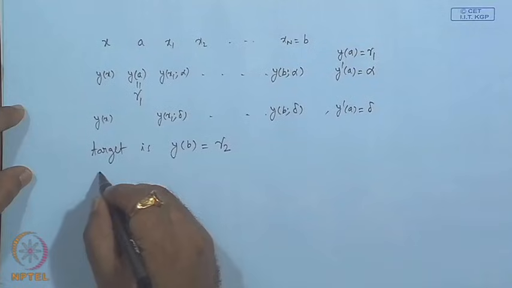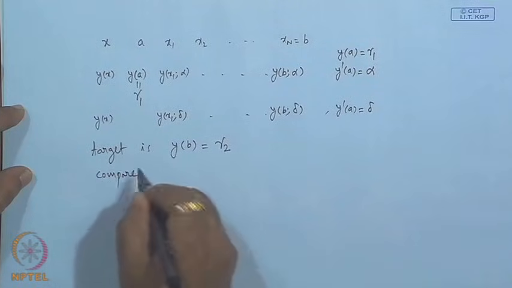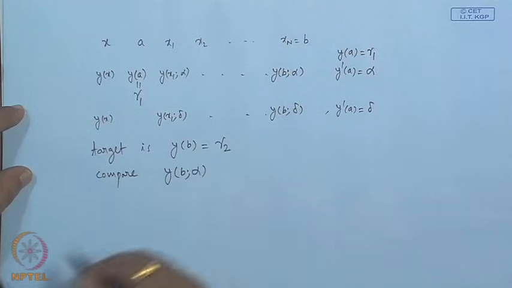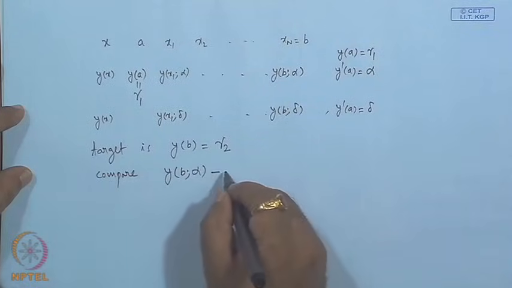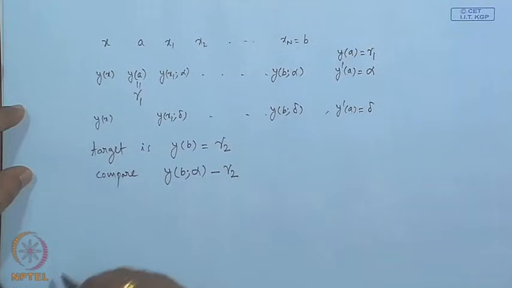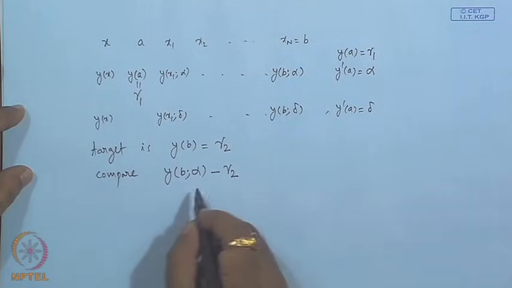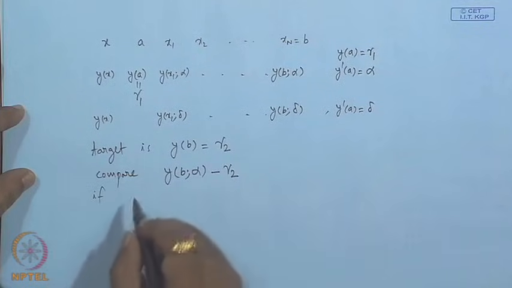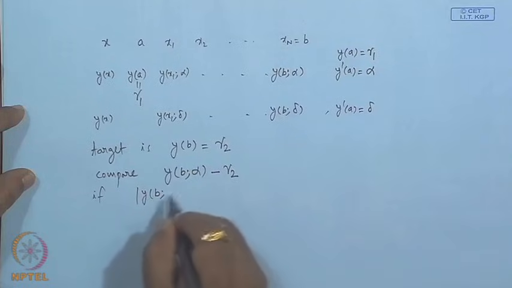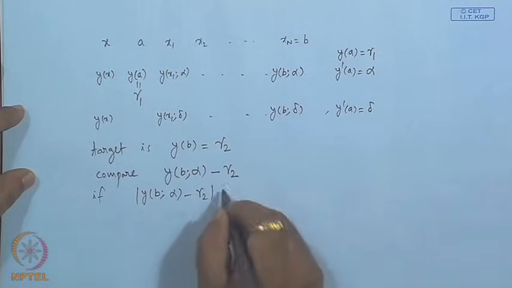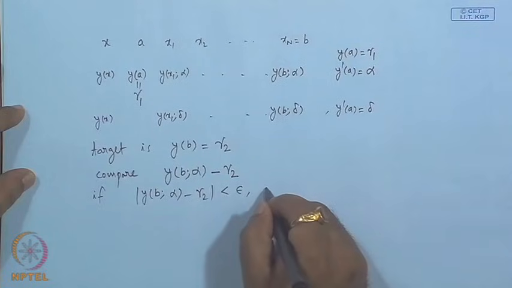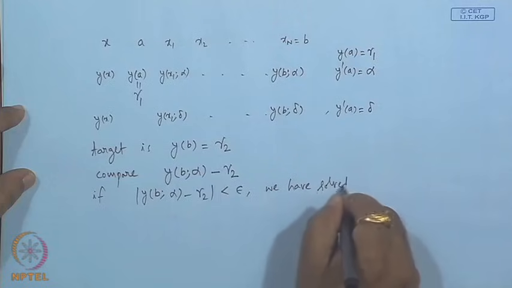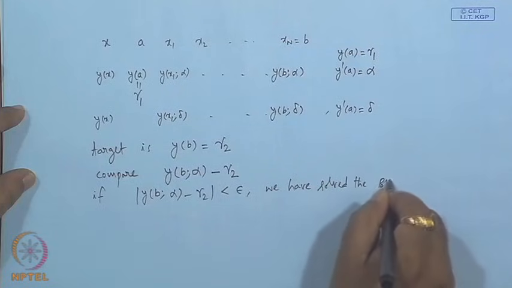Hence, compare y of b obtained with some alpha minus gamma 2. We have to compare, right. If this is less than epsilon, then we have solved the BVP.